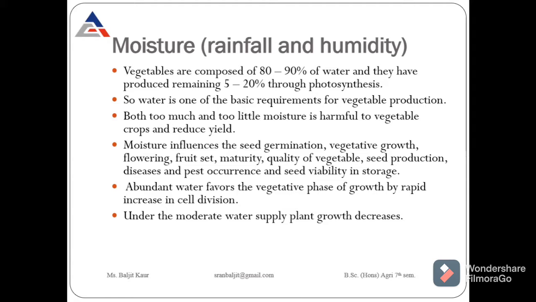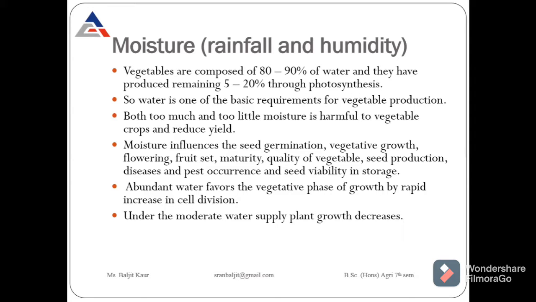So moisture influences the seed germination, the vegetative growth of the vegetables, the flowering time. It also affects the fruit setting. It affects the maturity, quality of the vegetables, seed production, diseases and pest occurrence, and seed viability in storage time.